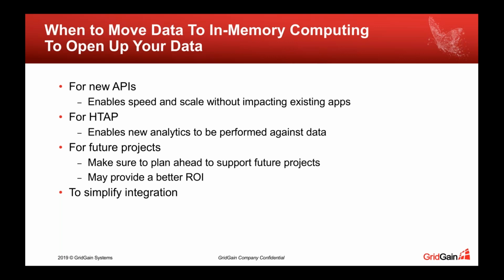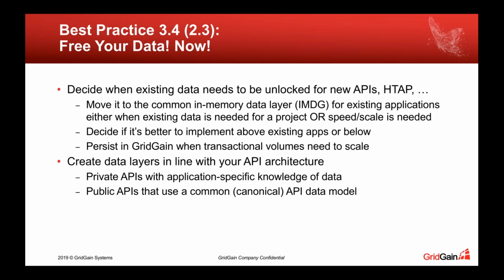And if someone told me that to simplify integration, I could move a tiny bit more data from another app into the new data layer and avoid a whole synchronization layer, I'd do it in a heartbeat. So think about how you simplify your architecture as well. Maybe avoid some synchronization because that's cleaner and that's lower risk. So free your data now when you need to unlock it for future projects that are coming up.